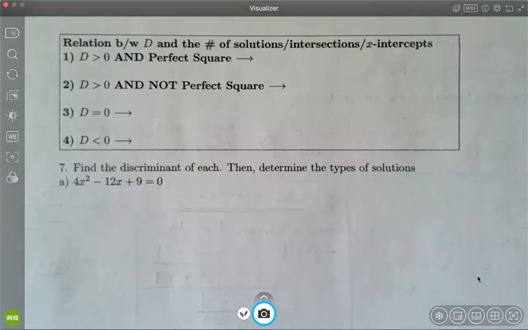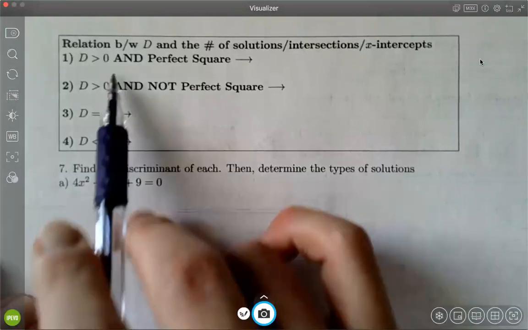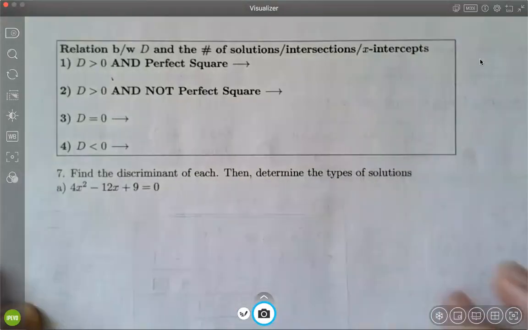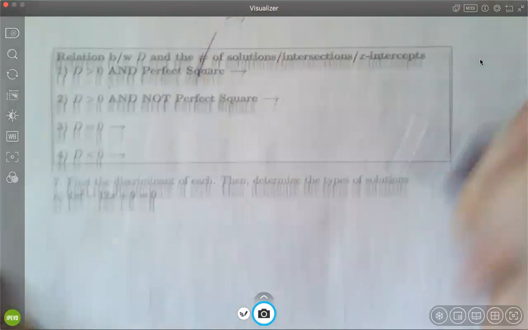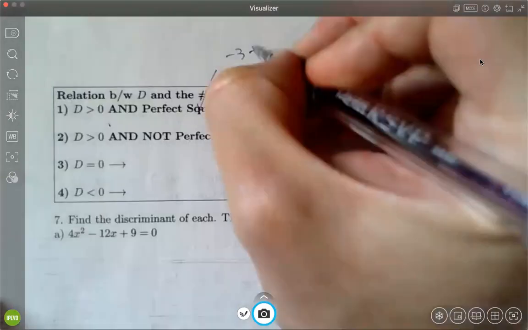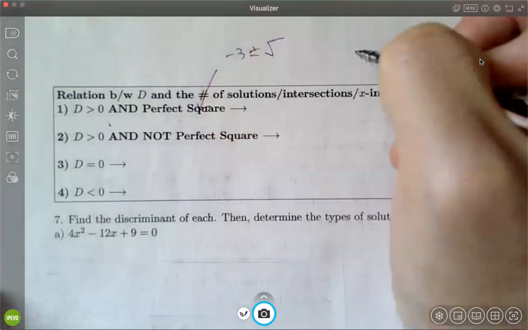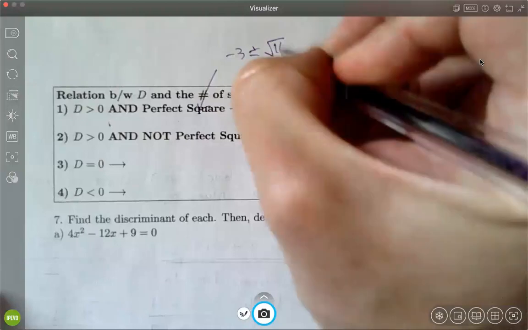And number three, negative discriminant. The positive discriminant produces two subcases, positive discriminant and its perfect square. What does that mean? You have something like negative 3 plus or minus square root of, let's see, 16 over 2.